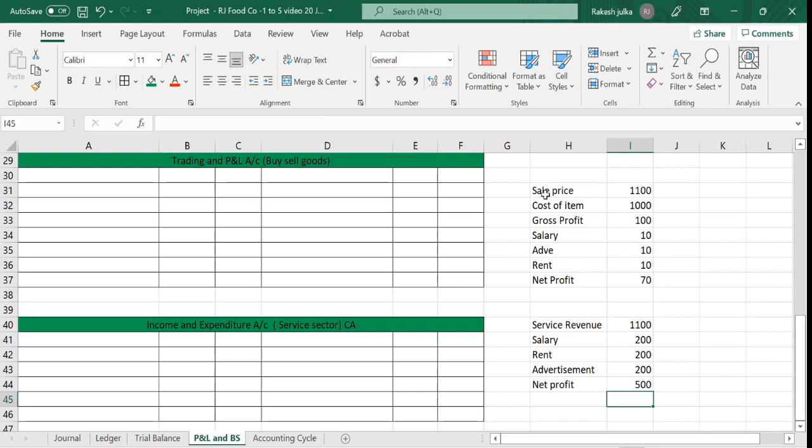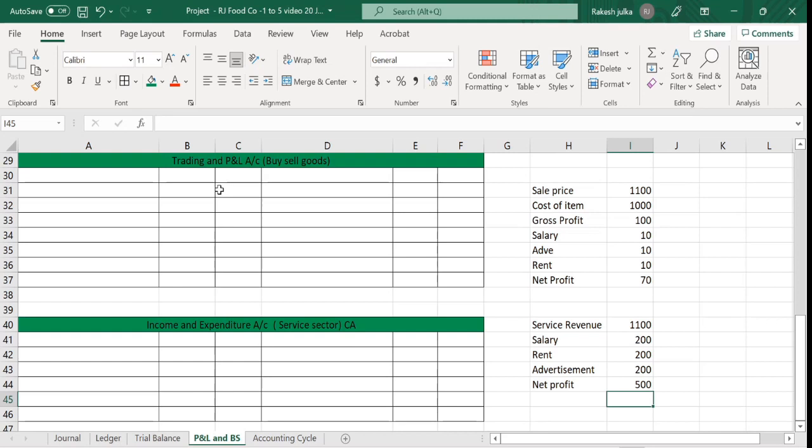Now what I'm going to do is put all these figures in this proforma. First of all, I'm going to explain the trading and profit and loss account. It means there will be two accounts. This trading and profit and loss account is divided into two parts.